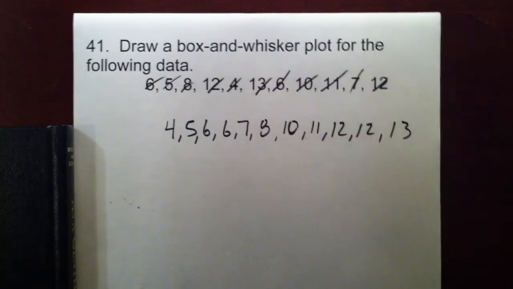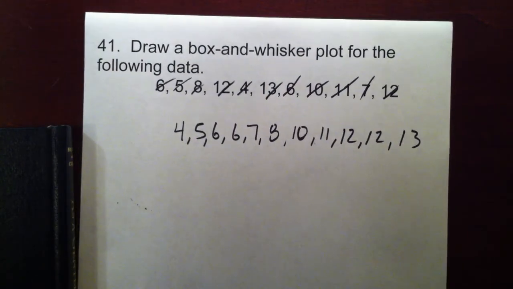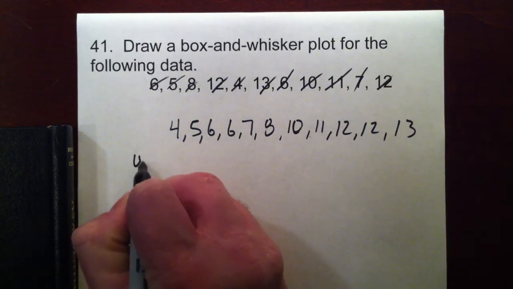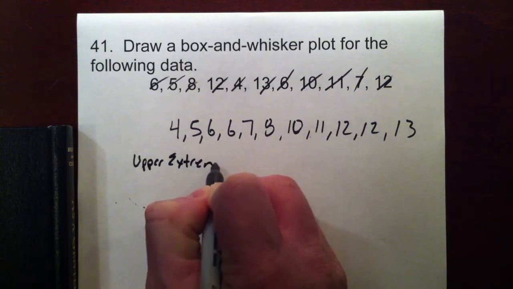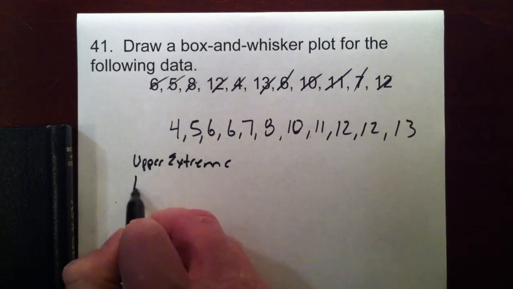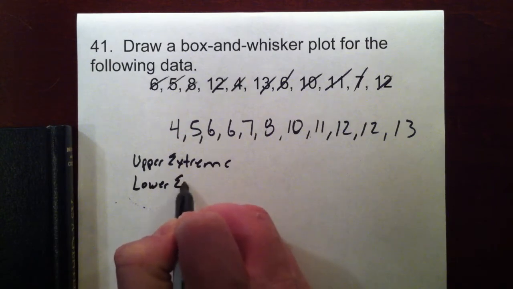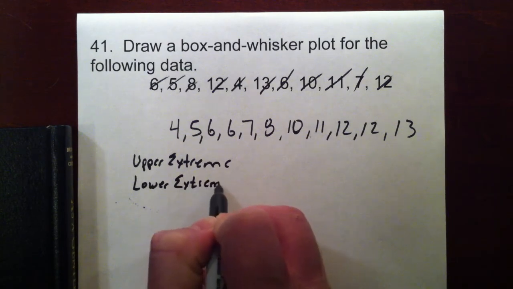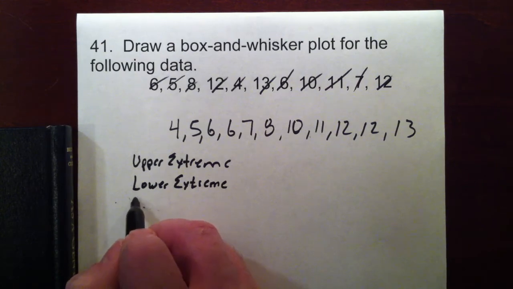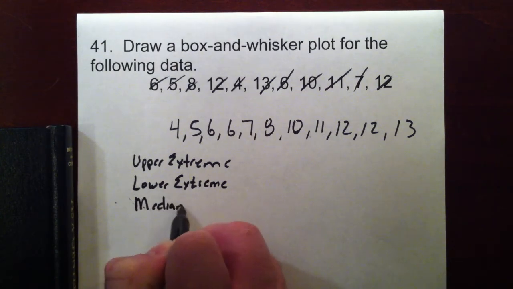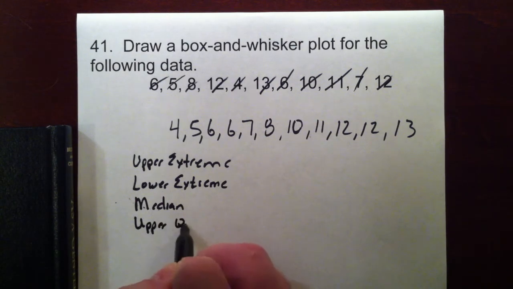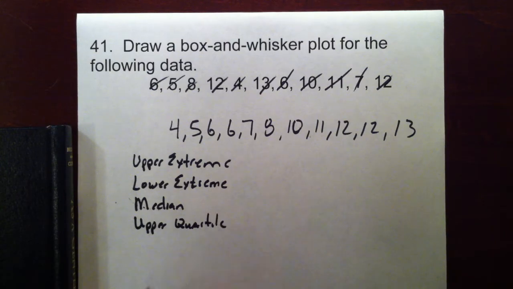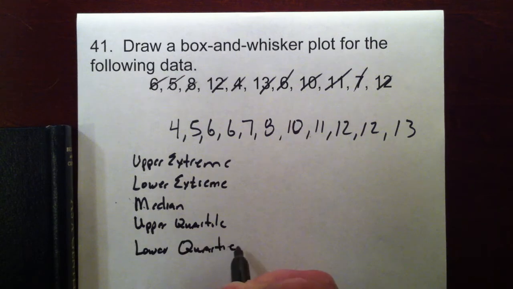Well, to do our box and whisker plot, we need 5 pieces of information. We need the upper extreme, lower extreme, the median, the upper quartile, and the lower quartile.